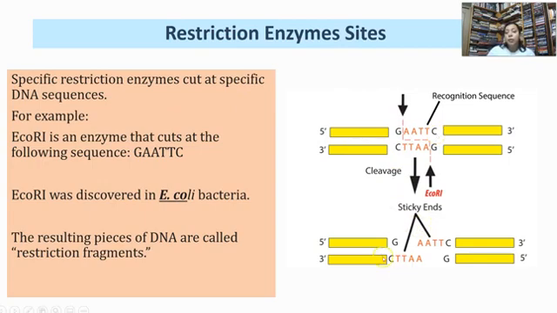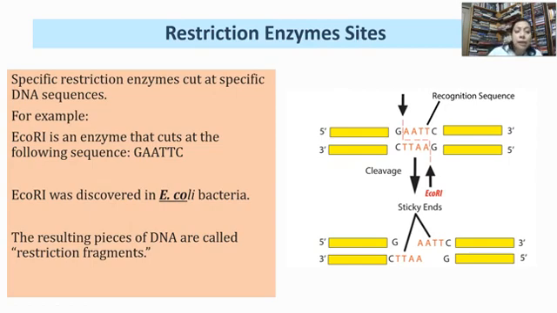Or it can create what we call sticky ends, in which it is a staggered cut, where in the recognition sequence that the enzyme recognizes, the cut is made in a way to have overhanging single-stranded DNA ends, which are termed sticky ends because they can be used to combine two DNA molecules together that were cut with the same restriction enzyme but may not have come from the same place.